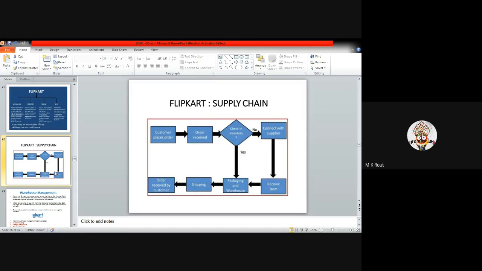If the order is not in inventory, the artificial intelligence directly contacts a number of suppliers. The supplier will provide the item. If the item is received, it passes through several quality control checks. After the quality control check, Flipkart provides its own packaging and own labeling, and they are ready to ship. And finally, the order is received by the customers.